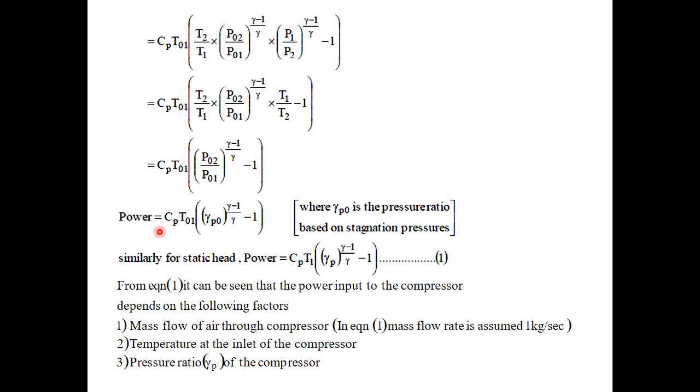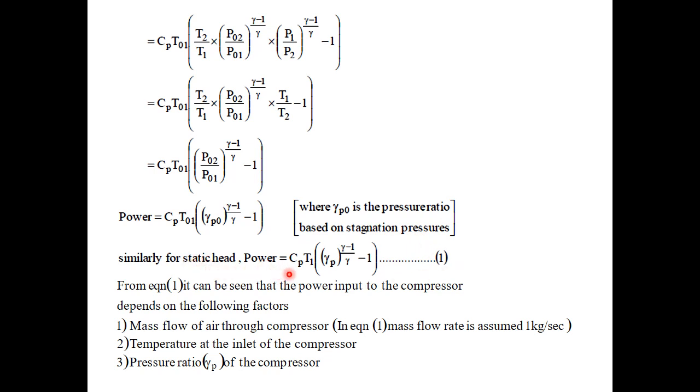Writing the final equation, power equal to Cp into T01 into, instead of P02 by P01, we will use the term pressure ratio based on stagnation pressure, that is gamma suffix P0. So power equal to Cp into T01 into gamma P0 raised to gamma minus 1 by gamma, minus 1, where gamma P0, like I said, is a pressure ratio based on stagnation pressure.